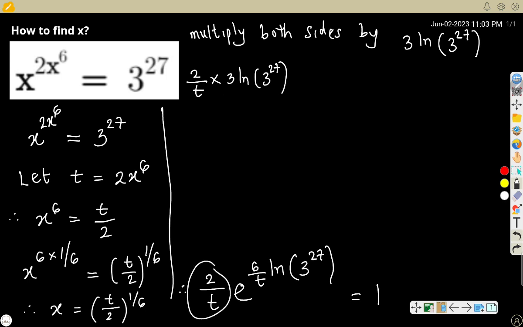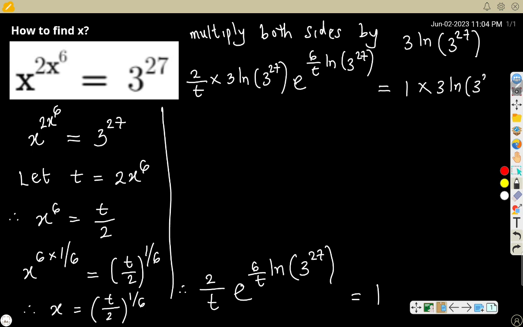That means 2 over t times this e raised to power 6 over t ln 3 raised to power 27 is equal to 1 times 3 ln 3 raised to power 27. So I'm multiplying both sides of this step by this.